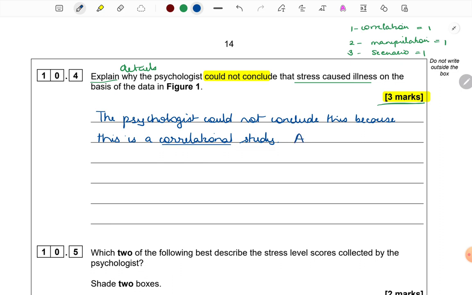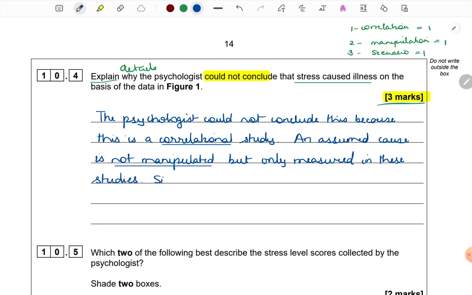An assumed cause is not manipulated but only measured in these studies, since the researcher has not manipulated levels of stress in their participants.